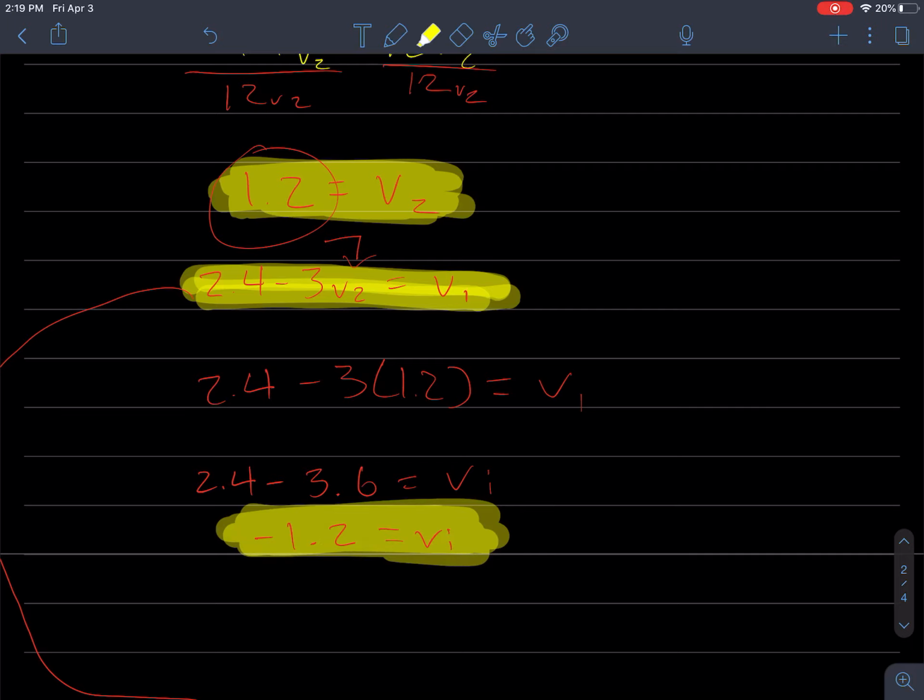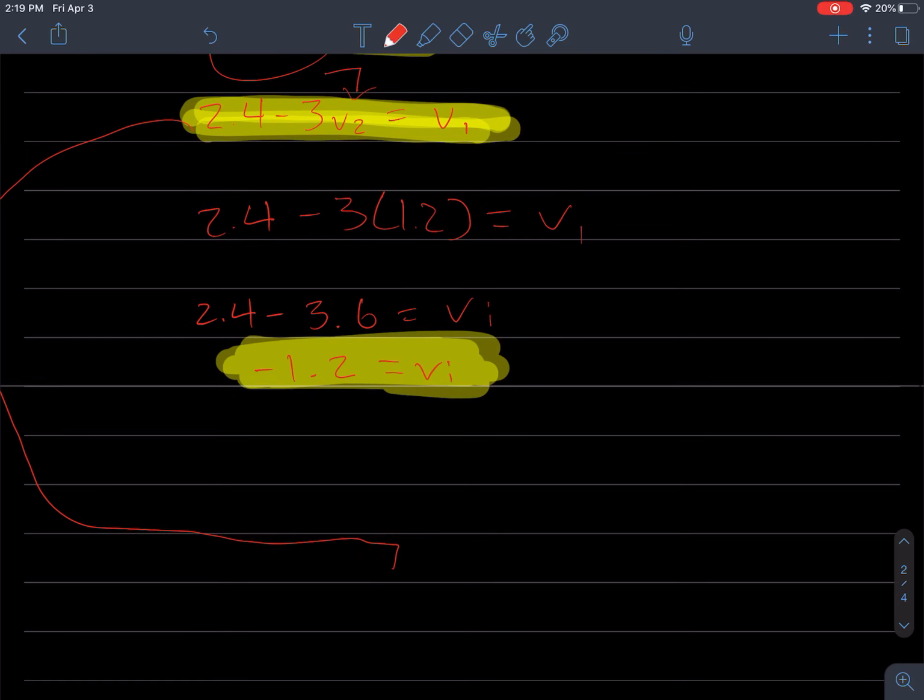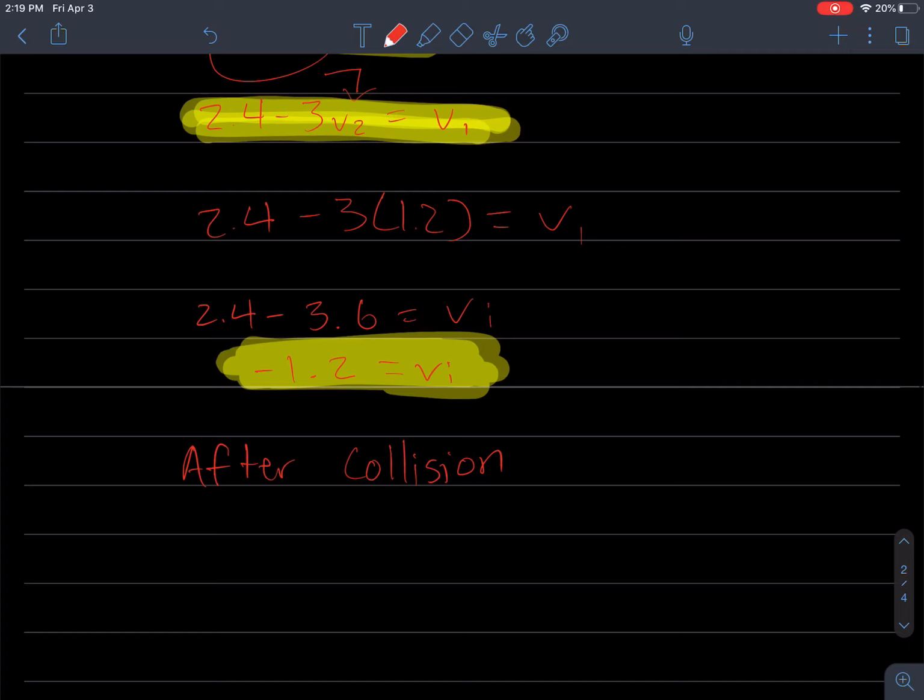All right, so our final answer after all that work is that after the collision, the velocity of our first object is going to be negative 1.2 meters per second.